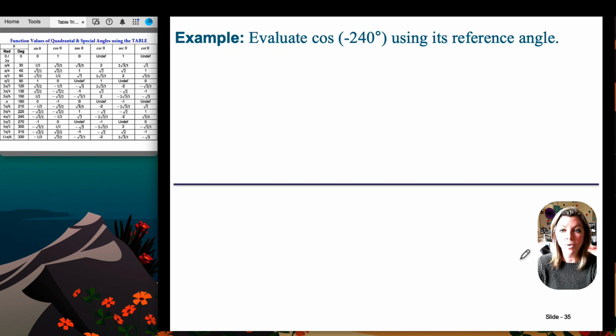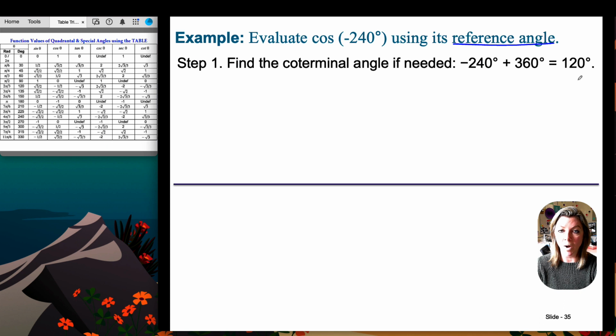Okay, in this example, we're asked to evaluate cosine of negative 240 degrees using what we just learned called a reference angle. Okay, we're going to break this down into a step-by-step process. Step 1, we're going to find the coterminal angle of our negative 240 degrees. Please note that if our angle was already between 0 and 360, we wouldn't need to find its coterminal angle.